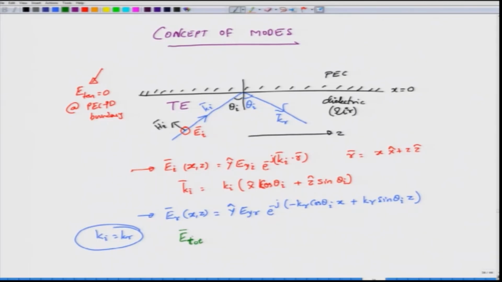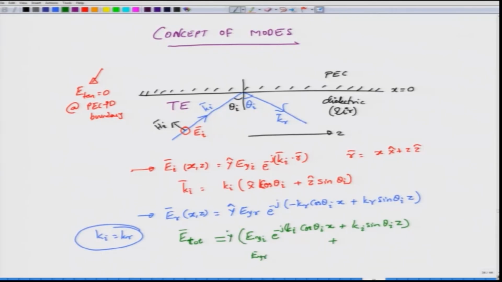is given by the sum of incident and reflected fields. Luckily for us, both are polarized in the same direction, and we will now write this as E_yi e^(-j k_i cos θ_i x + k_i sin θ_i z), plus E_yr.